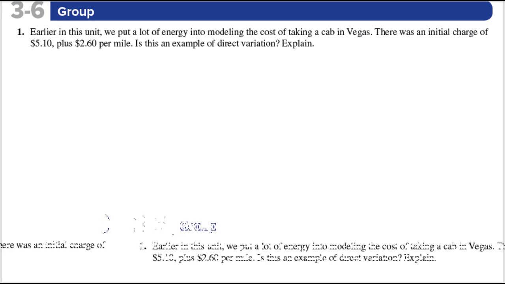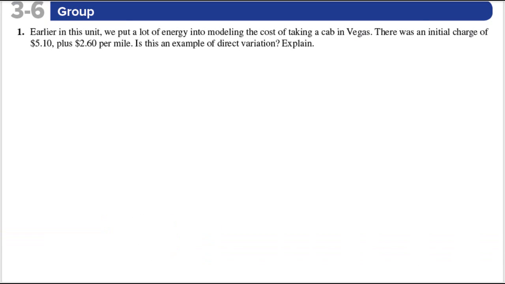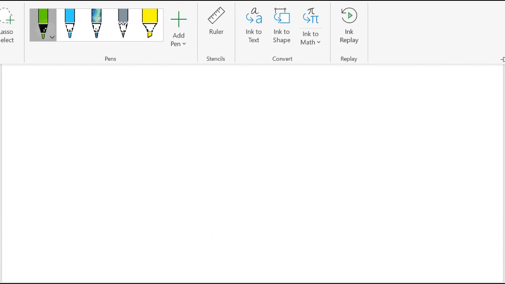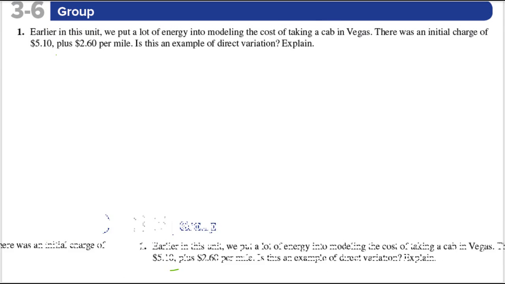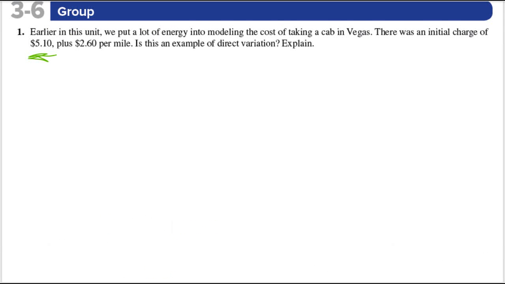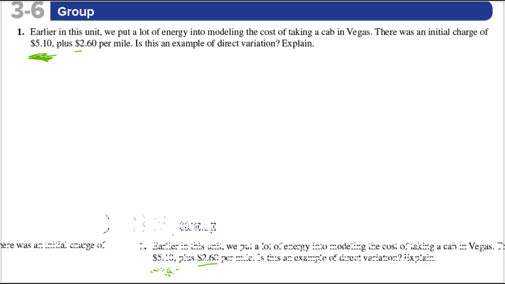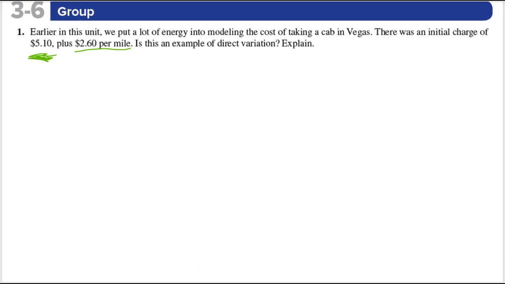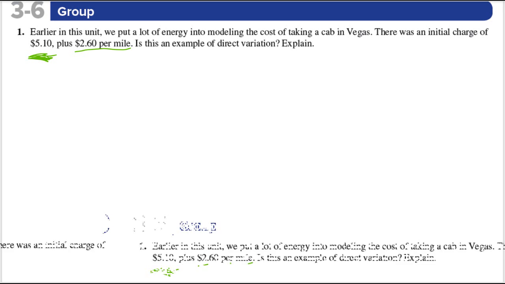Because of the $5.10, when you double the mileage, you do not double the total cost. You double the cost per mile, but both times you pay $5.10. So it's not an example of direct variation.